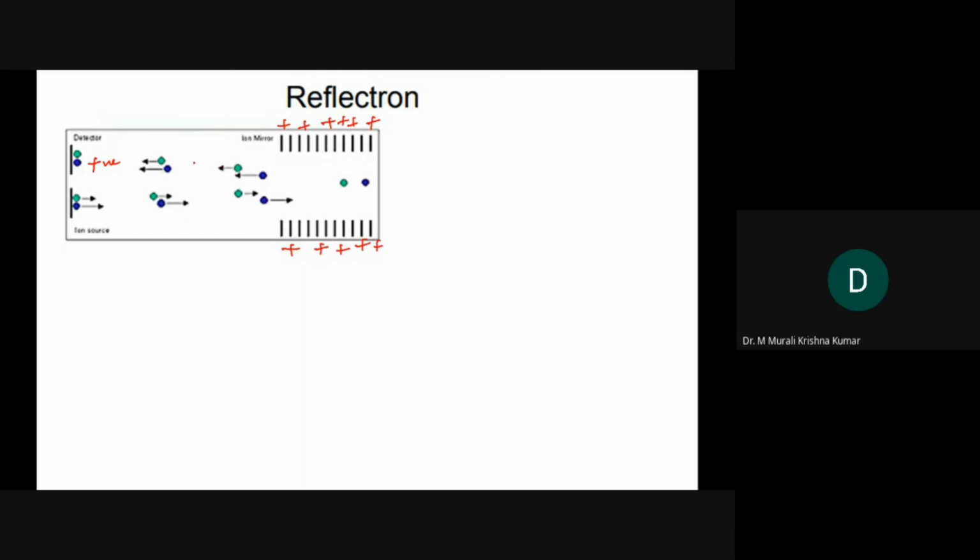When the ion comes nearer and nearer, because of repulsion, it will run away. And then you can have multiple reflectrons, so that you can let the ion run from end to end multiple times and increase the resolution. So that is the job of a reflectron.